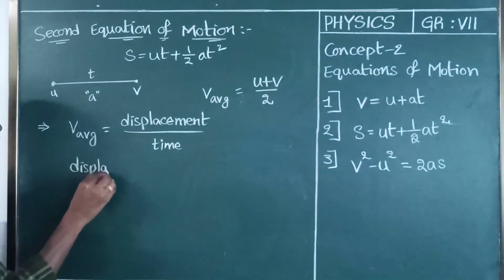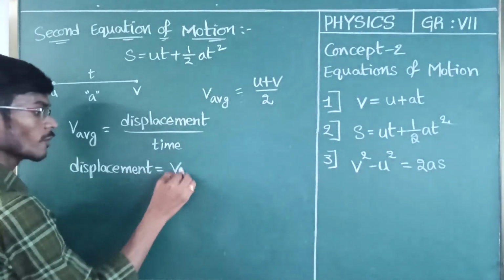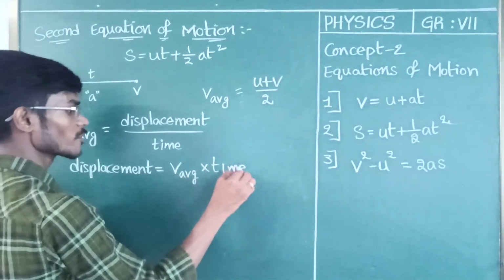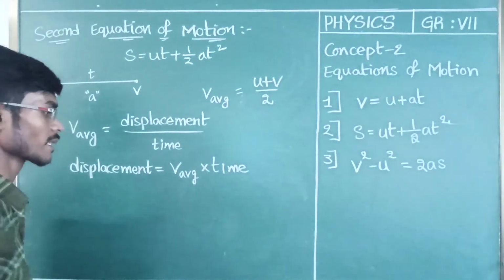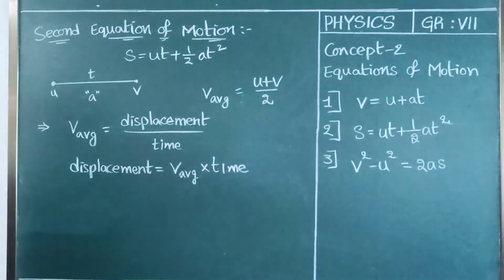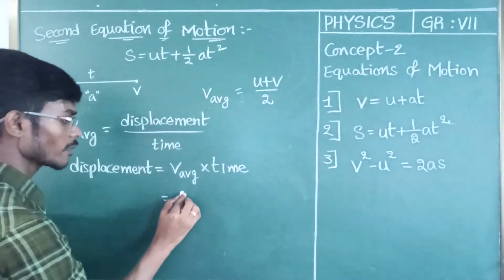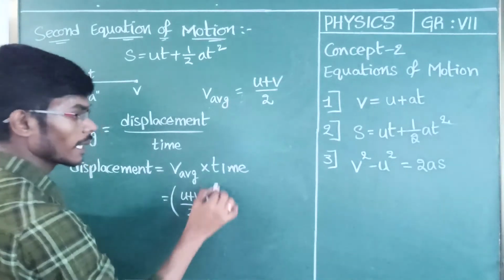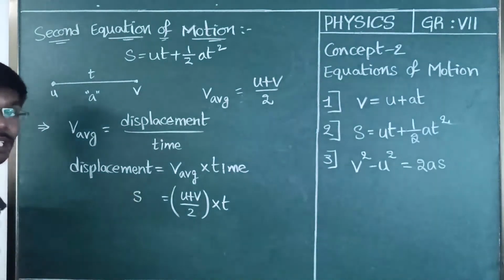Displacement is equal to average velocity into time. Here don't confuse, V average represents the average velocity of an object. So here we got V average is u plus v by 2. Substitute u plus v by 2 into time t, and displacement we will represent in terms of s.